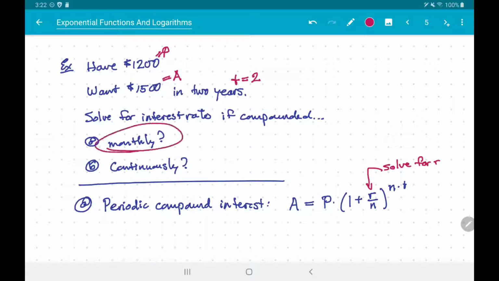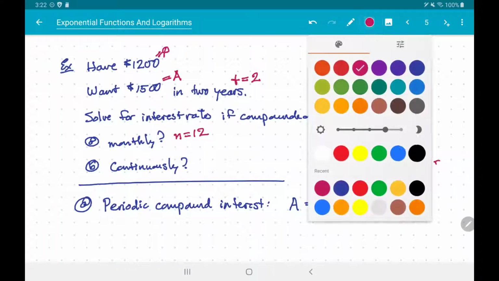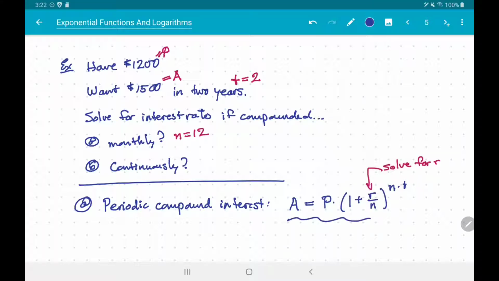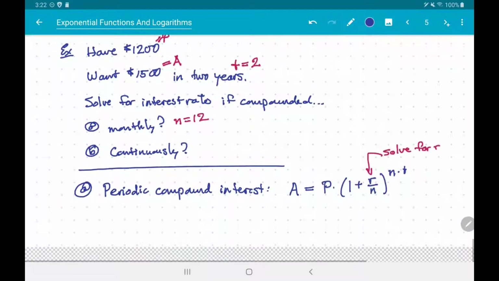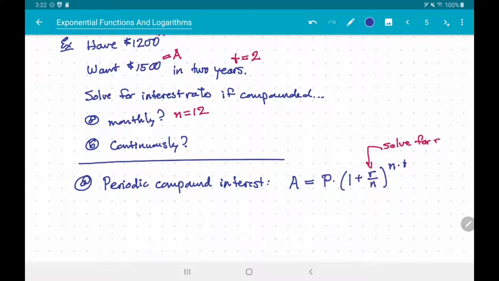We're also told in part A to consider interest compounded monthly. So what does that mean? That means N should be 12 months per year. If I go back to this compound interest formula and start filling in, I need to fill in A with 1,500, then P is 1,200 times 1 plus R, we don't know, we'll have to solve for it.